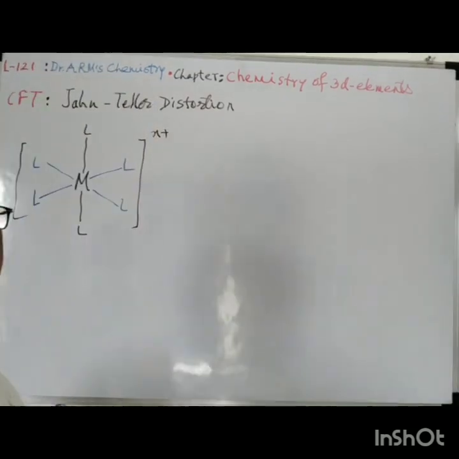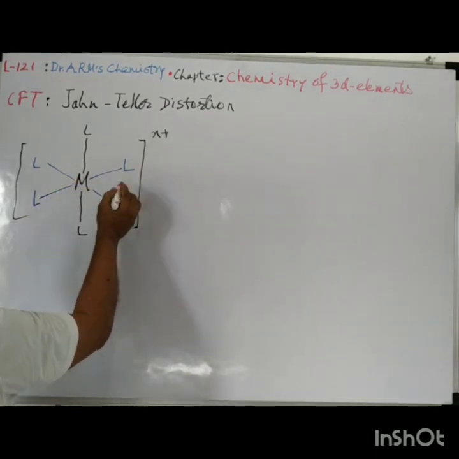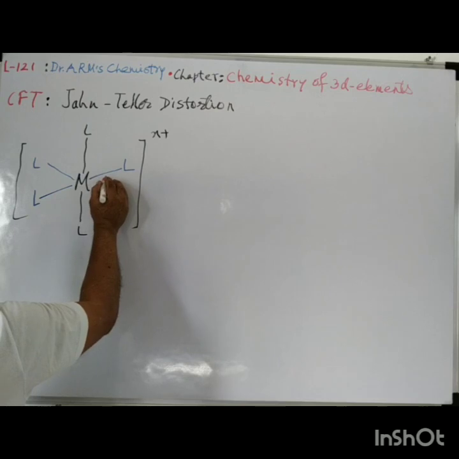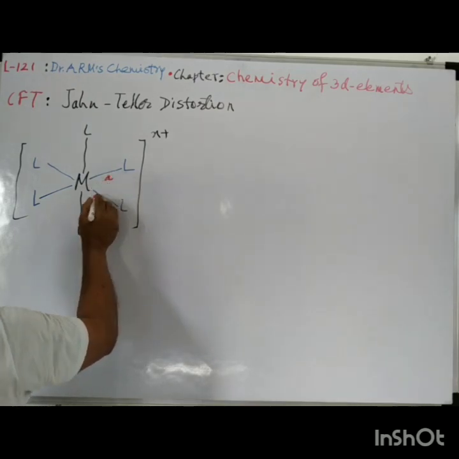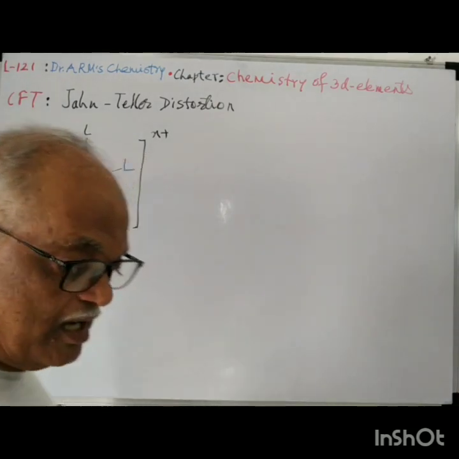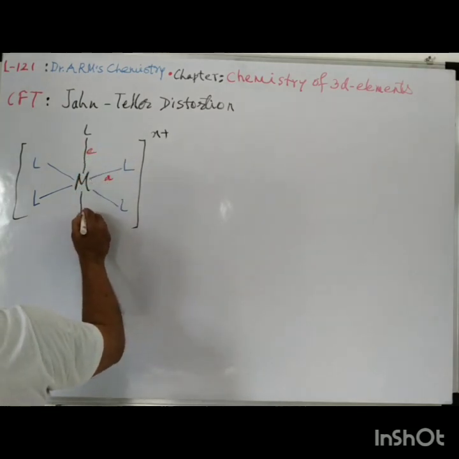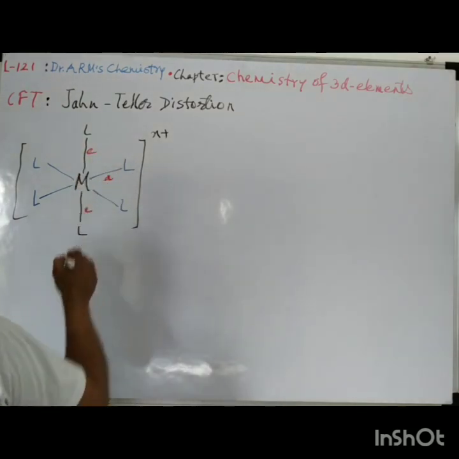Now, if we compare, say, these bond lines shown in blue color are a or e, whatever it may be. Each bond distance is a and these are e bond distances.